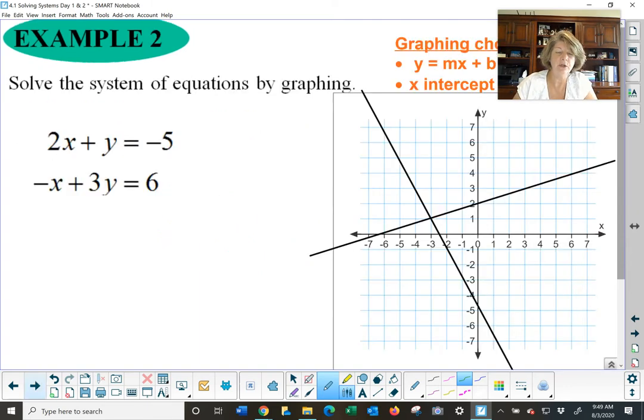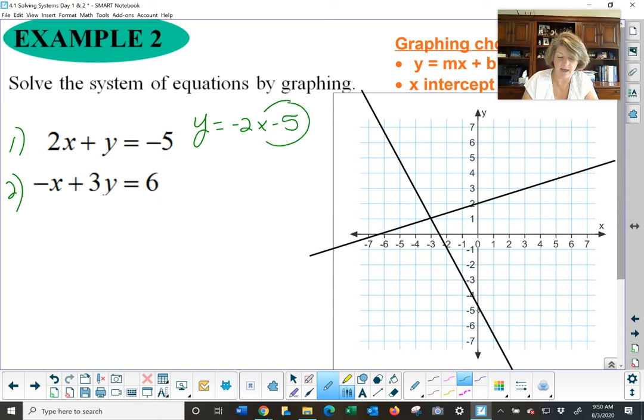So example 2, we have the two equations, equation 1 and equation 2, and we're solving this one by graphing it. And we know how to graph linear equations. We could have put this into y equals mx plus b mode, subtracting 2x, and I start graphing at -5.